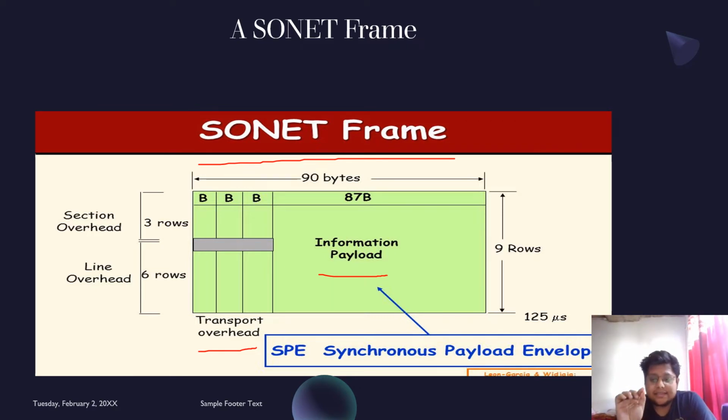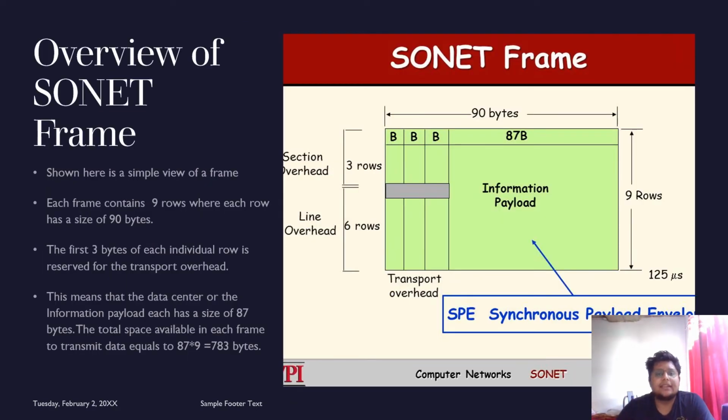Keep this in mind, this is a simple section, so it cannot show 9 rows here. But you do realize that each row contains 90 bytes. So the 9 rows will contain, of course, 9 times 90, that is 810 bytes.